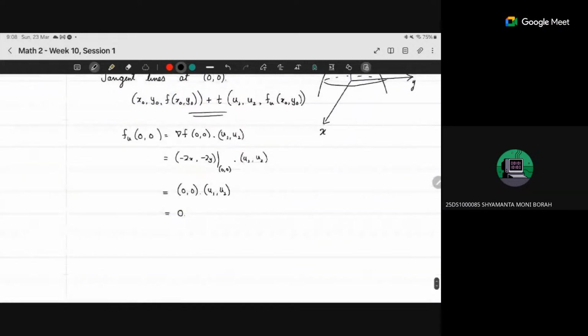So if I rewrite this, what will I get? I'll get 0, 0, 1 plus t times u1, u2, 0. So the points on the tangent line are of the form t u1, t u2, 1.